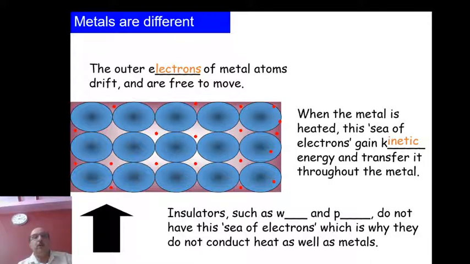When a metal is heated, the electrons gain kinetic energy. The electrons nearby will gain the kinetic energy and transfer it throughout the metal. Wherever this electron goes, it will transfer the heat throughout the metal.